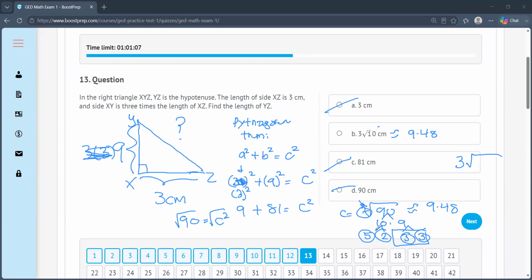And then inside is your leftover prime numbers. So our leftover prime numbers are 5 and 2. So that's 3. And then 5 times 2 is 10.